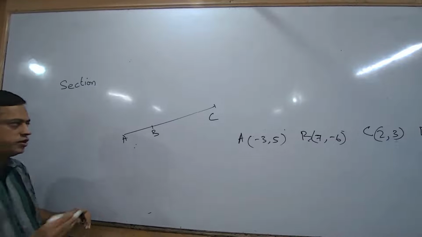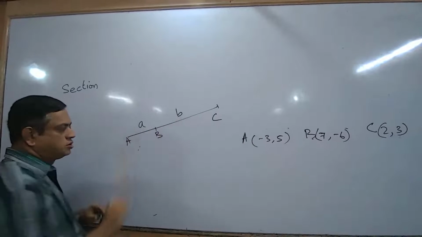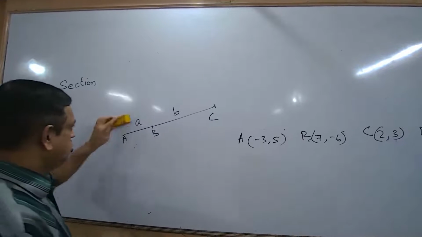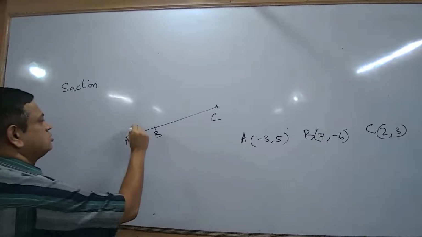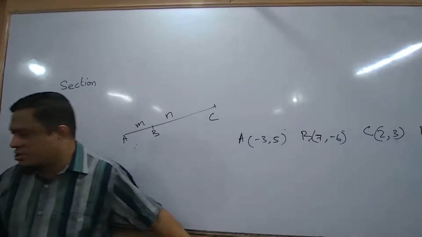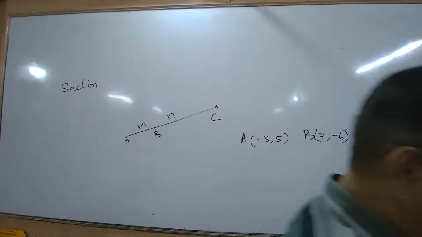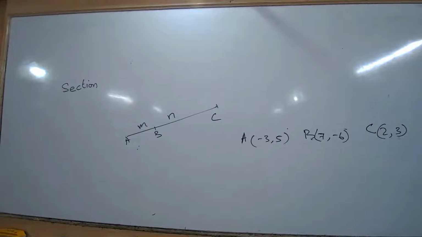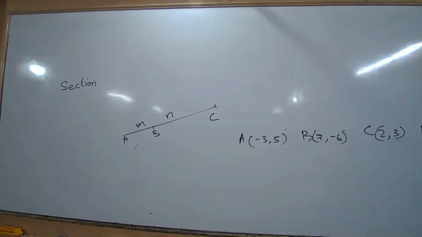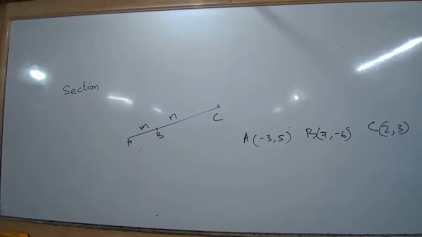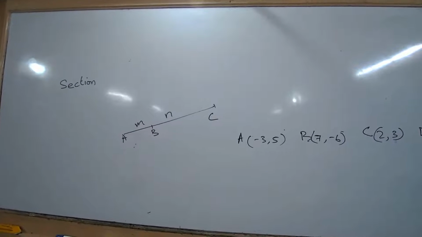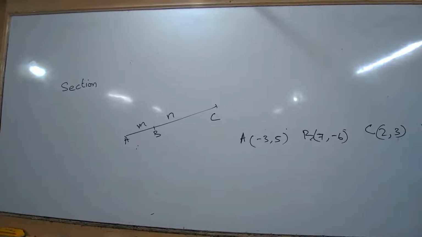Or B divides in the ratio M is to N. Somewhere it is M is to N, somewhere else M1 is to M2. Both are the same thing only. The notations you can follow as in your textbook. Makes no difference.